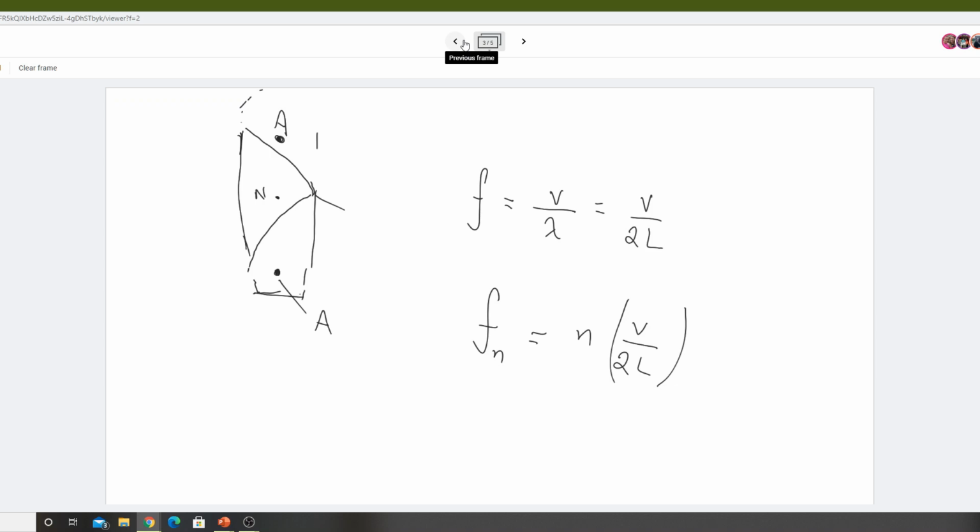So what would happen here is that you would start with your maximum amplitude here, right? And it would reduce down to 0 amplitude here, and then rise back up.